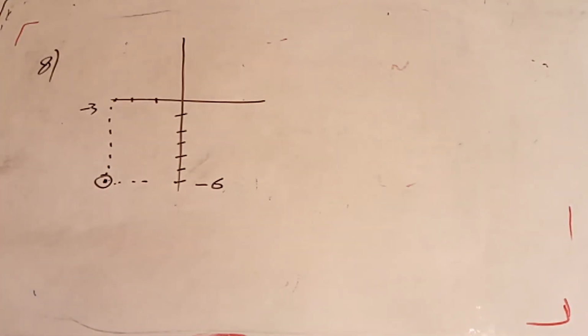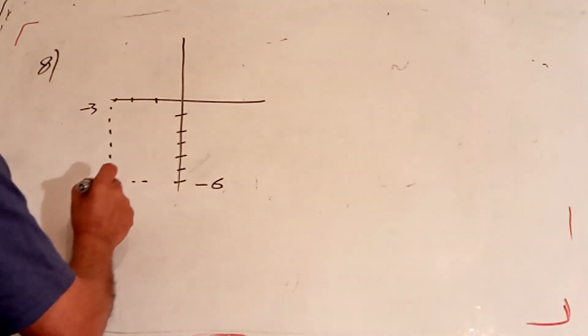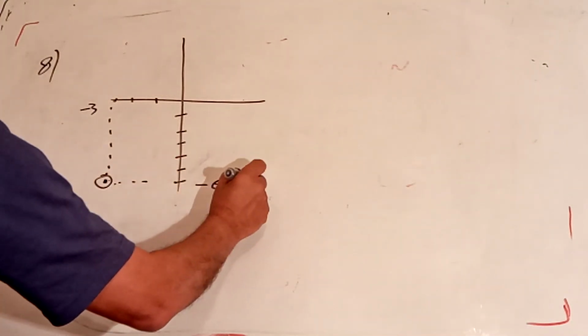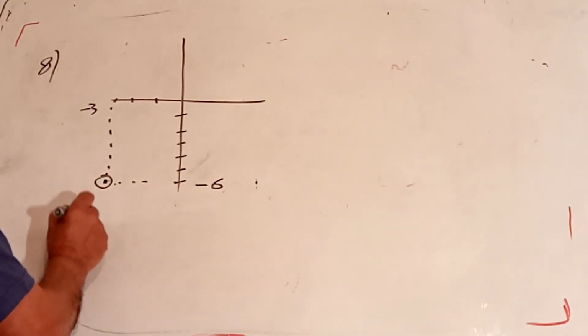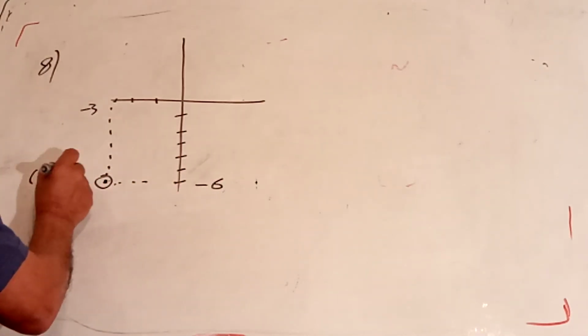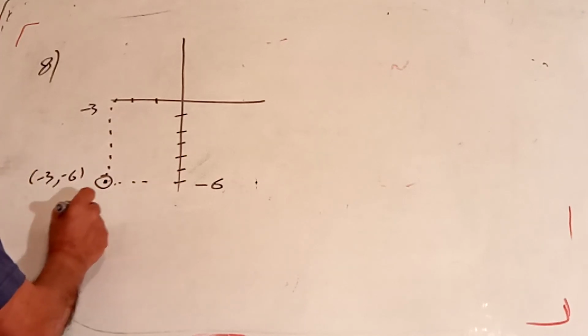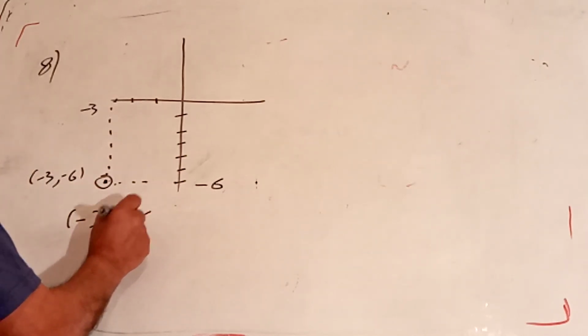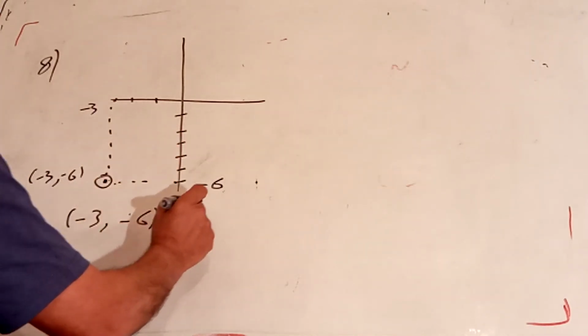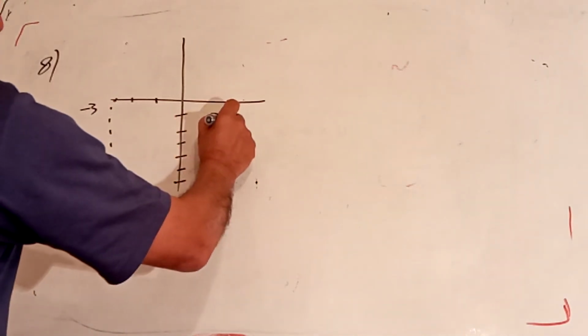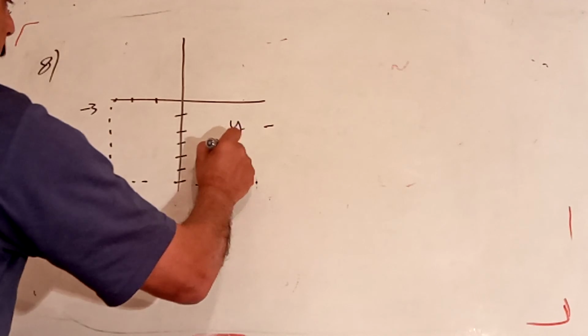This was reflected over the y-axis, so it will be reflected here. The point is -3 and -6, and it will be reflected to this side here. As I said, here y is negative and x is positive.